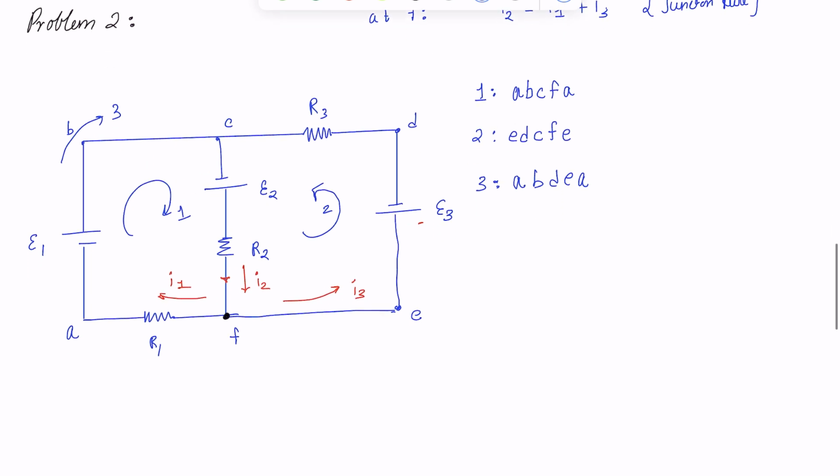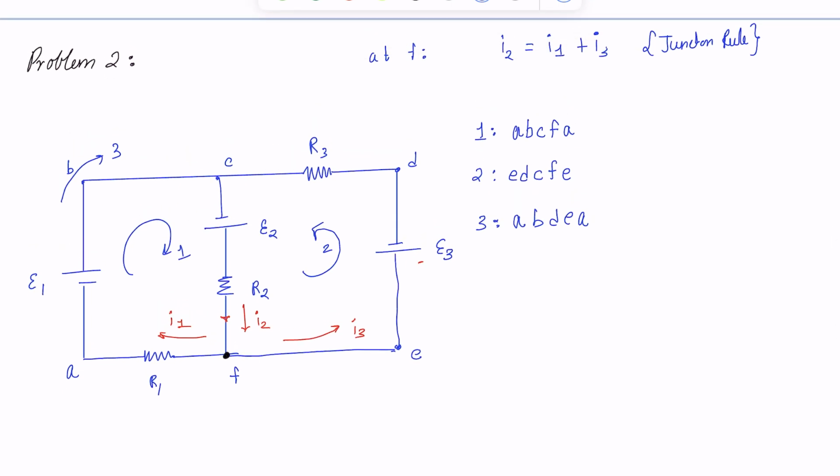And now we have 3 loops, and we're going to write down the potential differences across each element in each one of these loops. For each loop we'll get one equation, so we'll get 3 equations from these 3 loops, and then one equation from the junction rule.